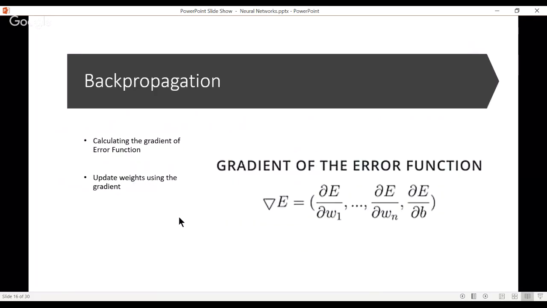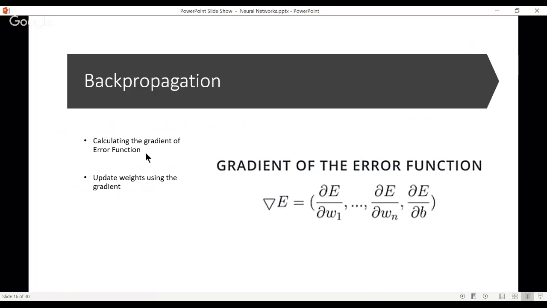So once you have computed your error, what do you do with it next? How do you use it? That's when backpropagation comes into effect. You computed your error function, then you need to adjust your weights. For that, you first need to compute the gradient of the error function.